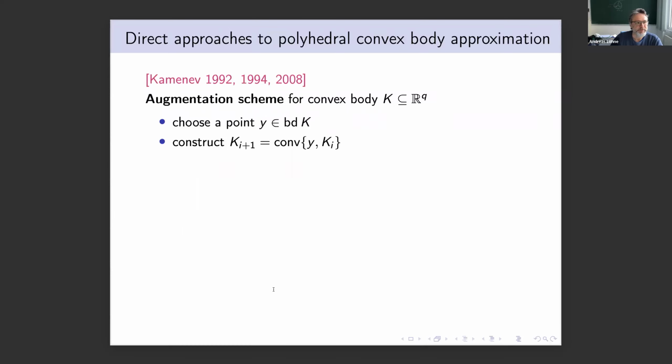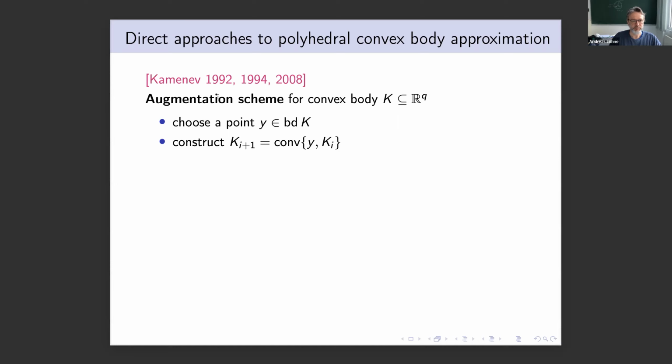And at the end of my talk, I also would like to discuss some classical approaches to approximation of convex bodies, and I would like to relate this a little bit to what I presented here. So in a series of works by Kamenev, we find two approximation schemes for convex bodies and also a very interesting convergence analysis for this.